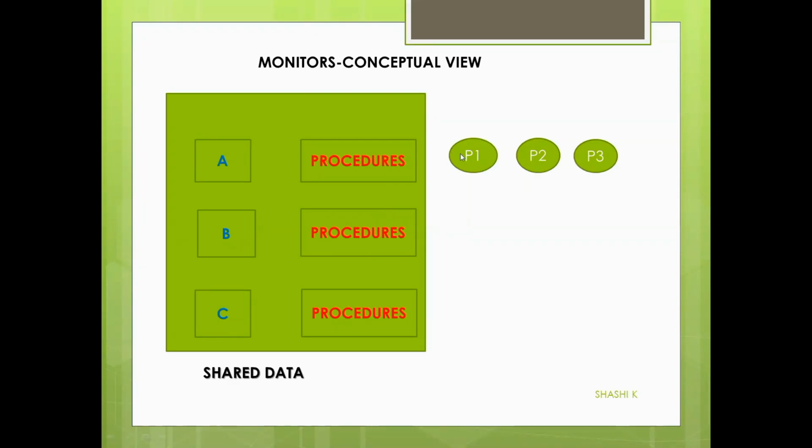Let's say process P1 wants to access the shared variable A. First it has to gain access to the monitor, and after getting access, P1 can access A only through the public procedures. P1 cannot access the shared data A directly. Here A, B, and C are all private data.